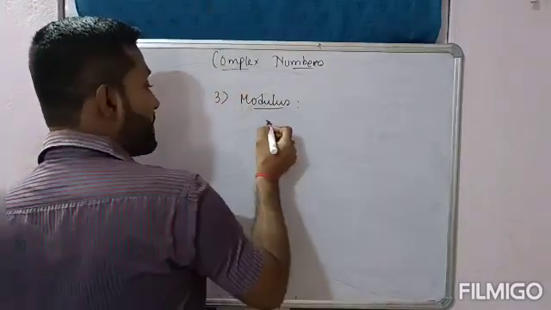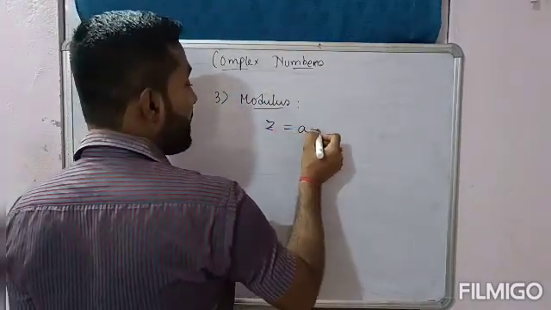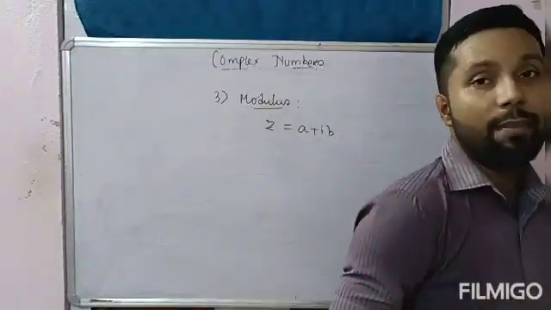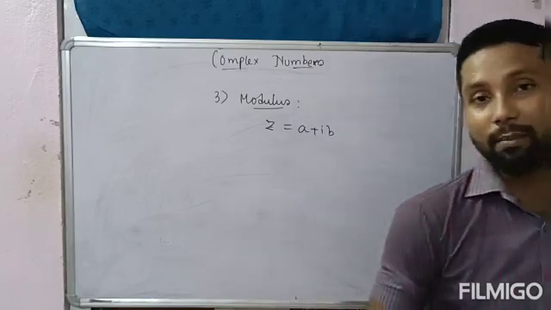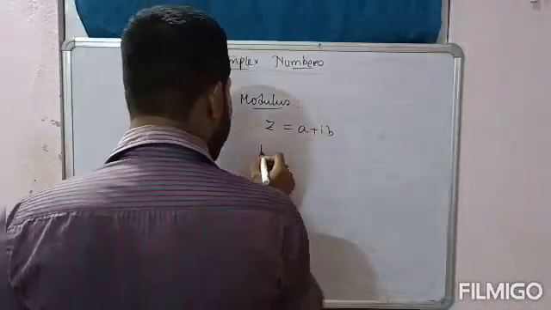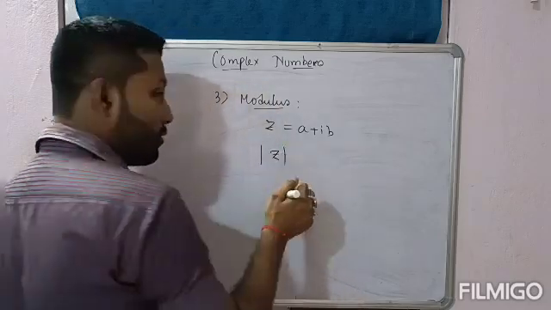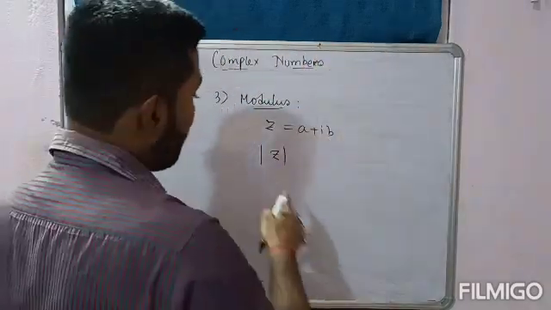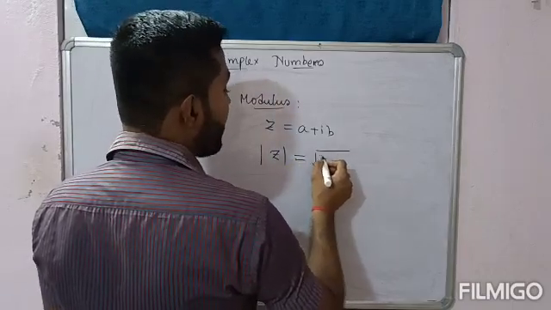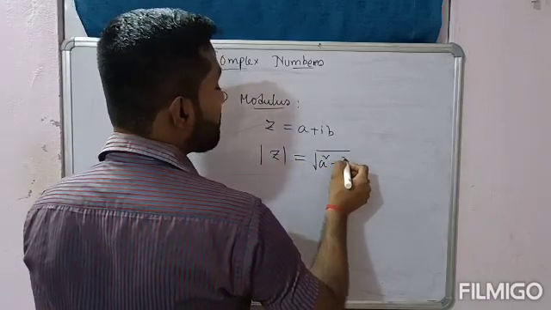Listen, if z is equal to a plus ib is a complex number, then the modulus of z, which is denoted by this symbol, everyone knows modulus means two parallel lines, modulus of z is equal to root over, look here, a square plus b square.